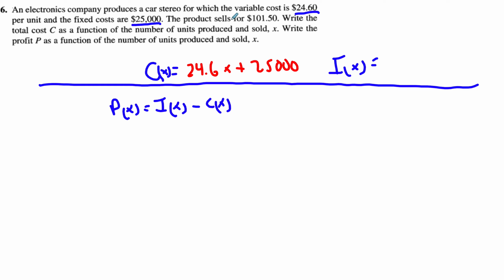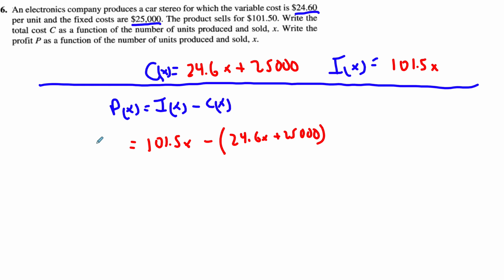Next, income. The product sells for $101.50. So if I sell 1, how much do I make? $101.50. If I sell 2, how much do I make? $101.50 times 2. So now I just take these two equations and combine them, right? 101.5x minus all of the costs, this is kind of important.